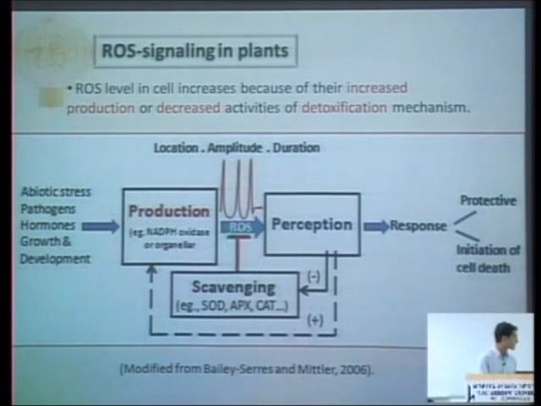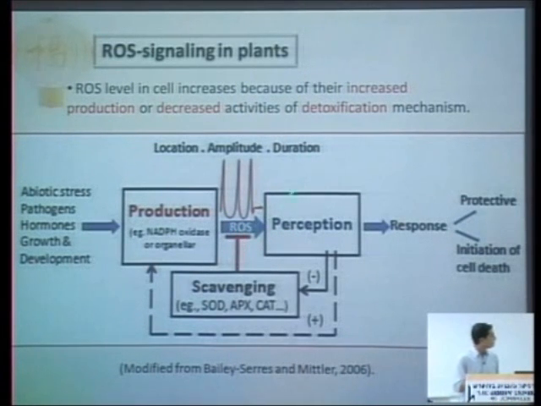So when ROS gets accumulated in different cellular compartments, it acts as a signaling molecule, and the signaling is specified by the location of the reactive oxygen species, in which compartment they are located, or the concentration of this reactive oxygen species in the specific compartments, or the duration of the reactive oxygen species in the specific compartments.